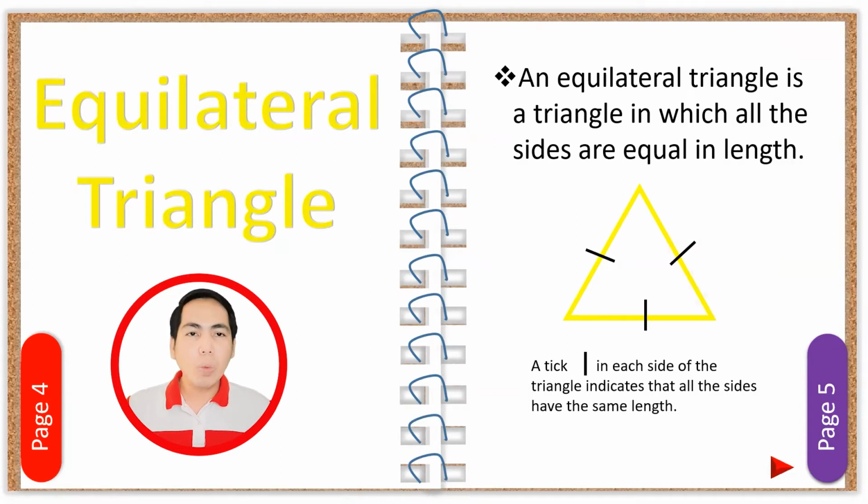The word equi means equal and lateral means the sides. So we have here the example given. A tick in each side of the triangle indicates that all the sides have the same length.